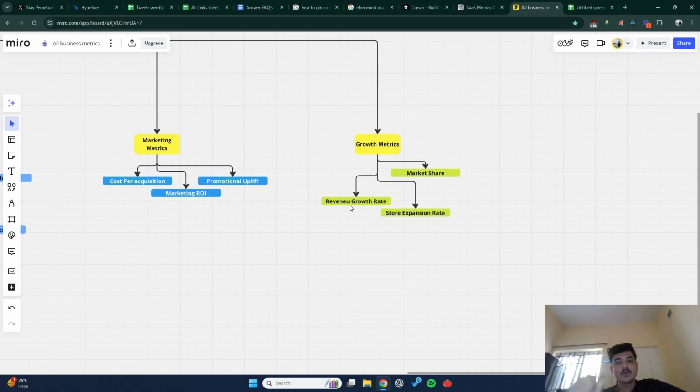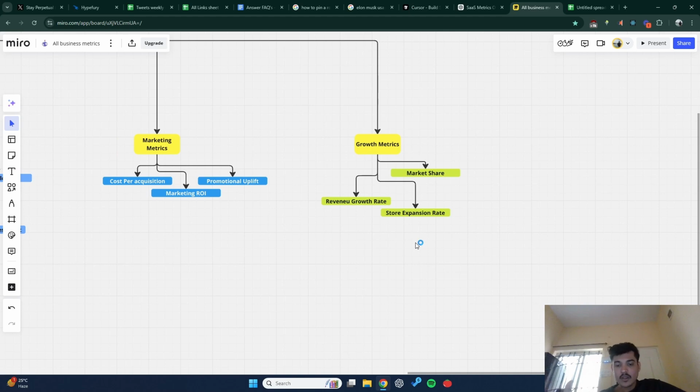That is how you look at the market share. But your intention should not be to capture the market. Your intention should be to give valuable products to your customers and ask your customers what kind of products they want. All right.